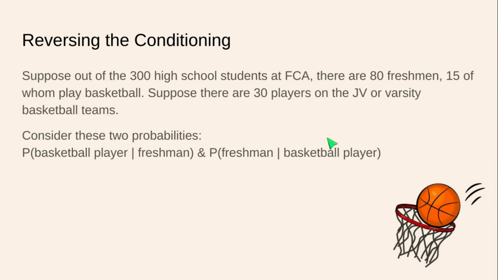The basketball players, there are 30 of them. And again, considering we're only dealing with basketball players, what are the odds that we are dealing with the freshmen? Well, 15 of the freshmen play basketball either on varsity or JV. So 15 out of 30, or 1/2, would be this probability.